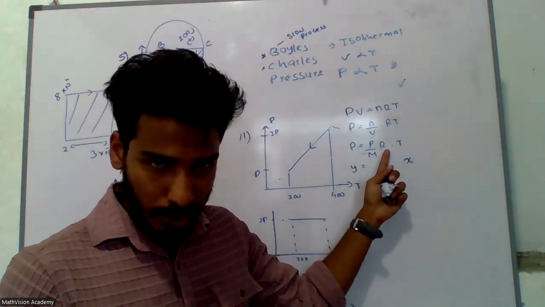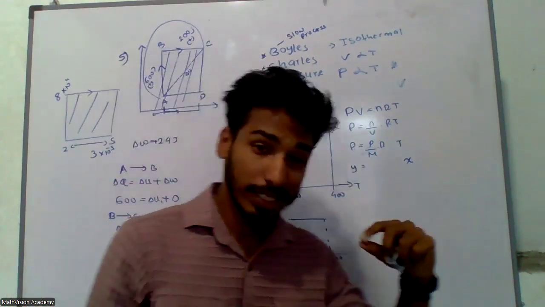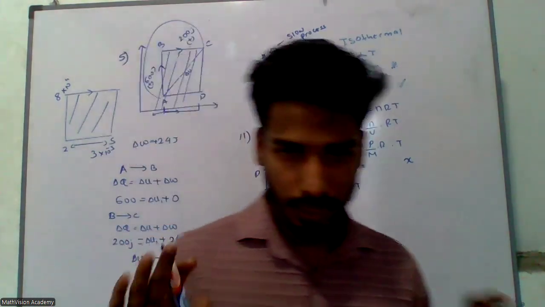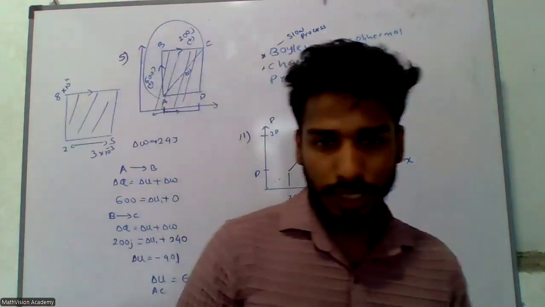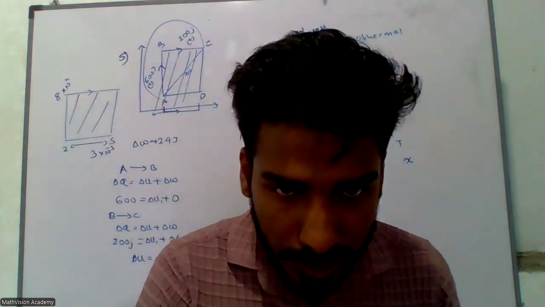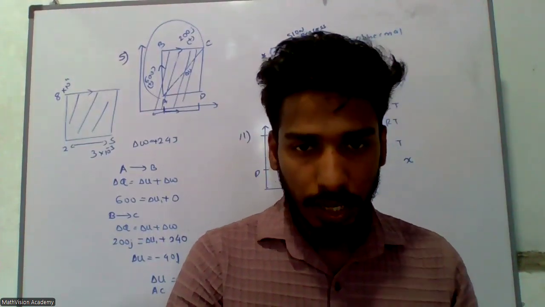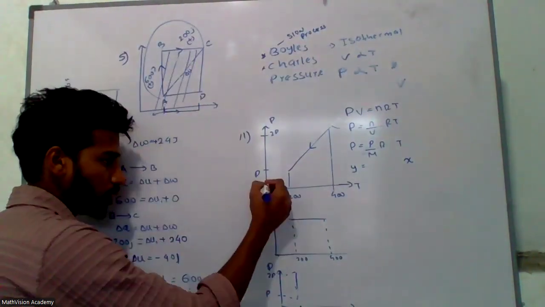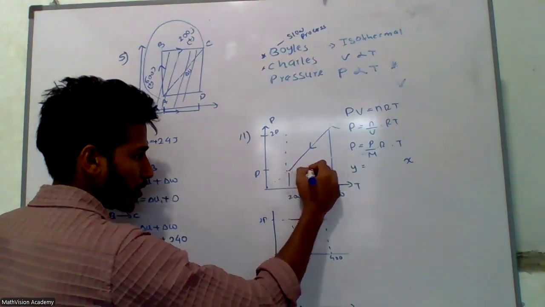Now R is a constant, molar mass is a constant, but you can't think about the density. It's fine with that. Now see, in this question, it's like it is passing through the origin, right? They haven't given us exactly, but it is like it is passing through the origin. Okay, if it's a proper past paper question, they'll be giving that.